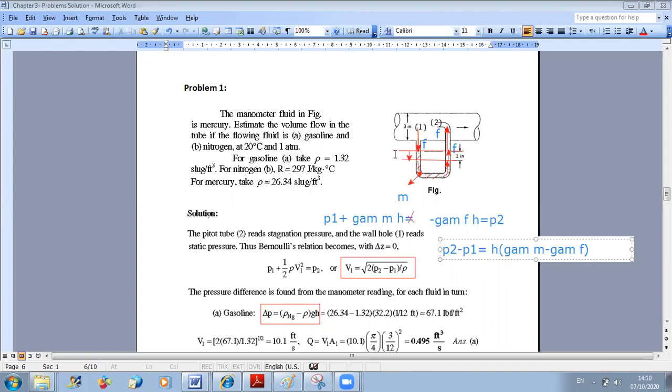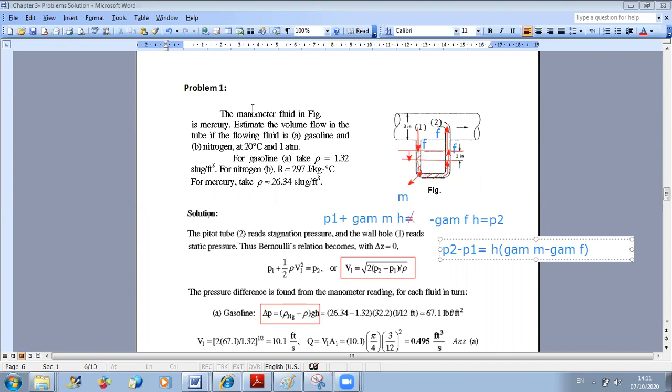Okay, so once I have this expression, all I have to do is numerical replacement. In part A, they gave me that rho of my fluid is 1.32 slug per feet cube, and that for mercury rho is 26.34. So all I have to do is replace back in the formula.